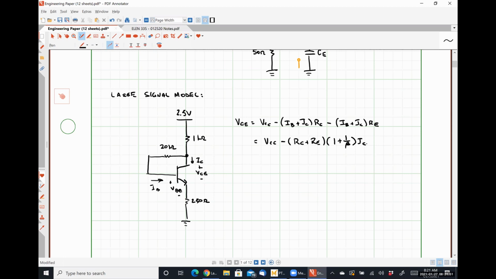I can also write an equation that says that VCE will be equal to the voltage drop over my base resistance. So that would be IB times RB plus my voltage drop VBE.